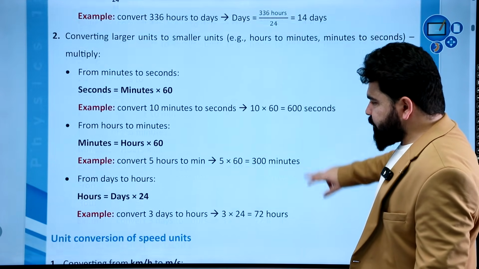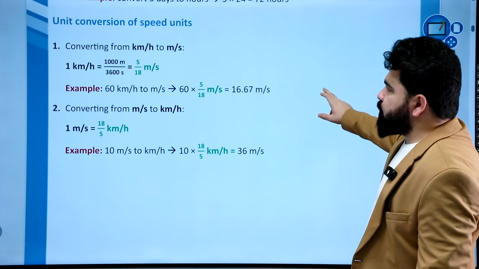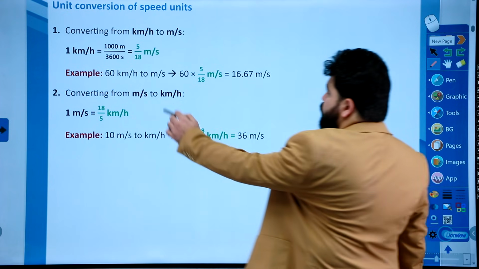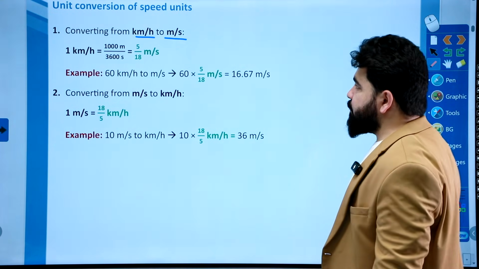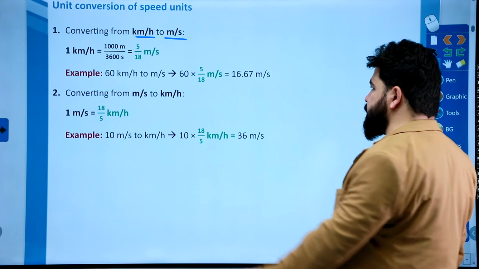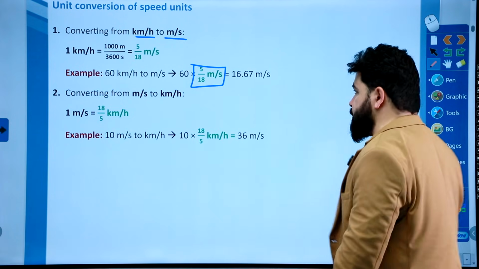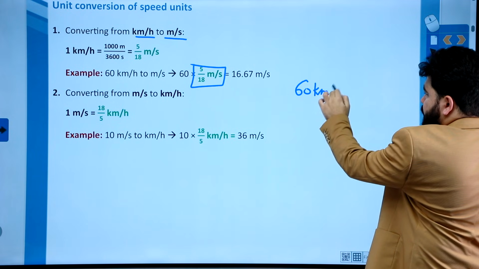Now, we also have converting units of speed. If you change kilometer per hour to meter per second, multiply the number by 5 divided by 18. Let's say you have 60 kilometers per hour.